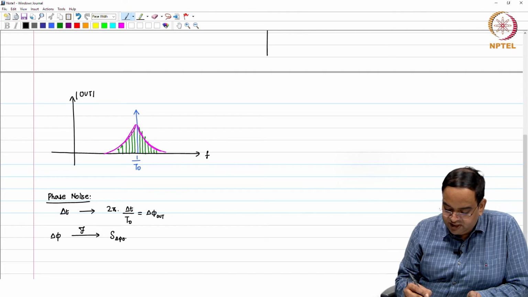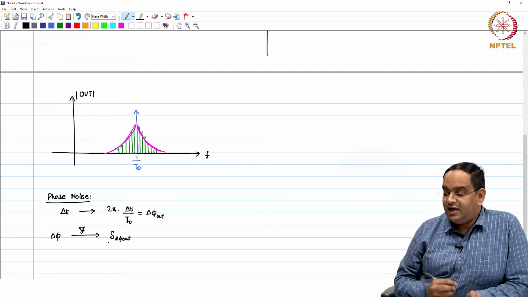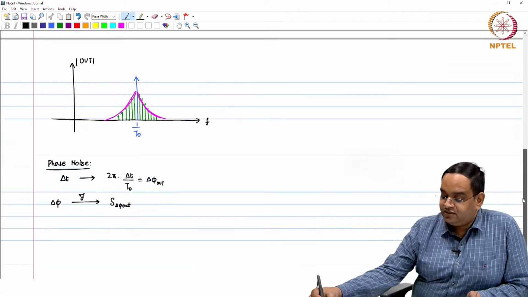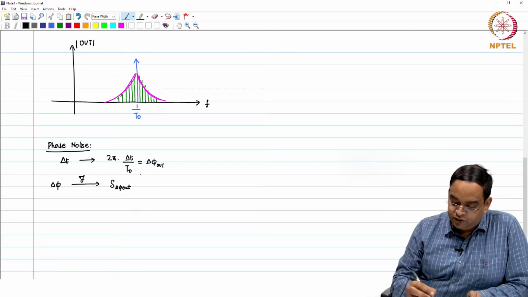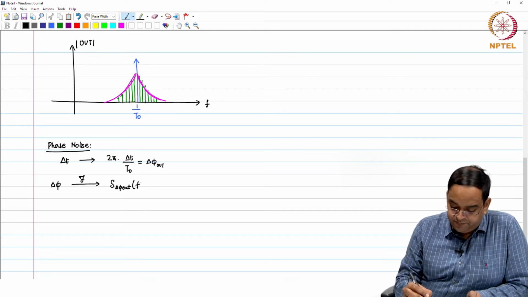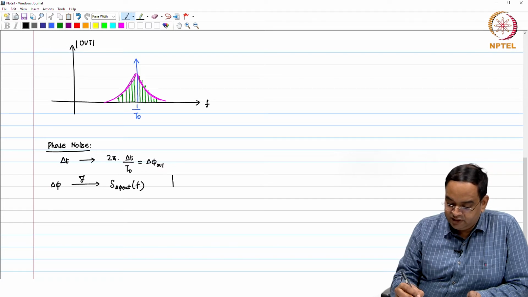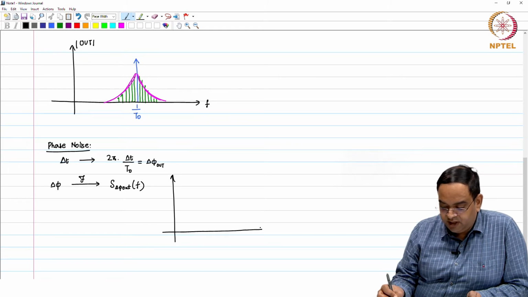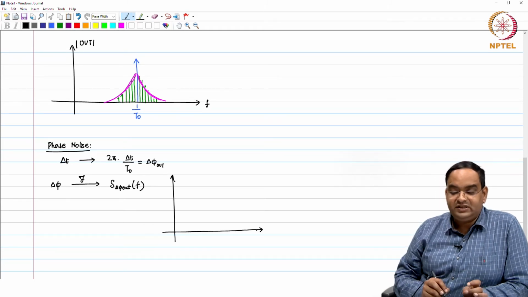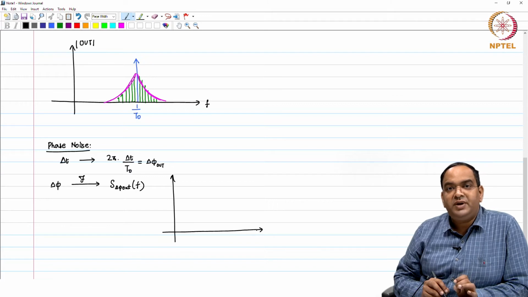The frequency spectrum of delta phi out is normally used to specify the phase noise for a clock. So, the spectrum, the delta phi Fourier transform, first thing is it is defined with respect to the output clock.